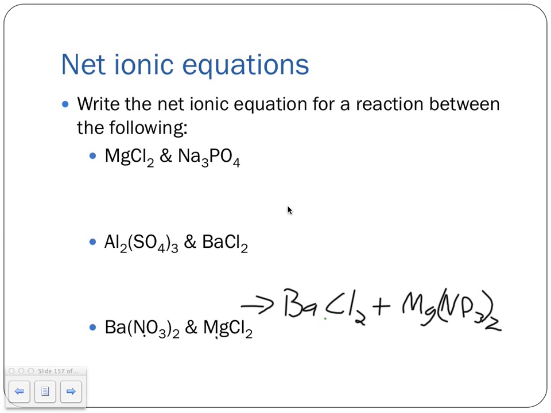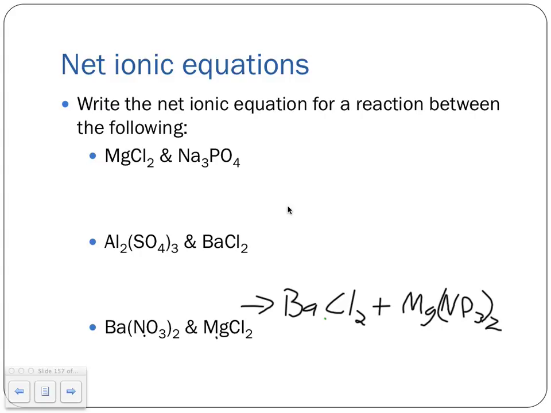So in this case, every single one of these is soluble, which means that the overall total ionic equation is the same, so all of these don't change. We start off with a mixture of barium ions and nitrate ions and magnesium ions and chloride ions, and we end up with exactly the same thing. So there are no precipitates here.